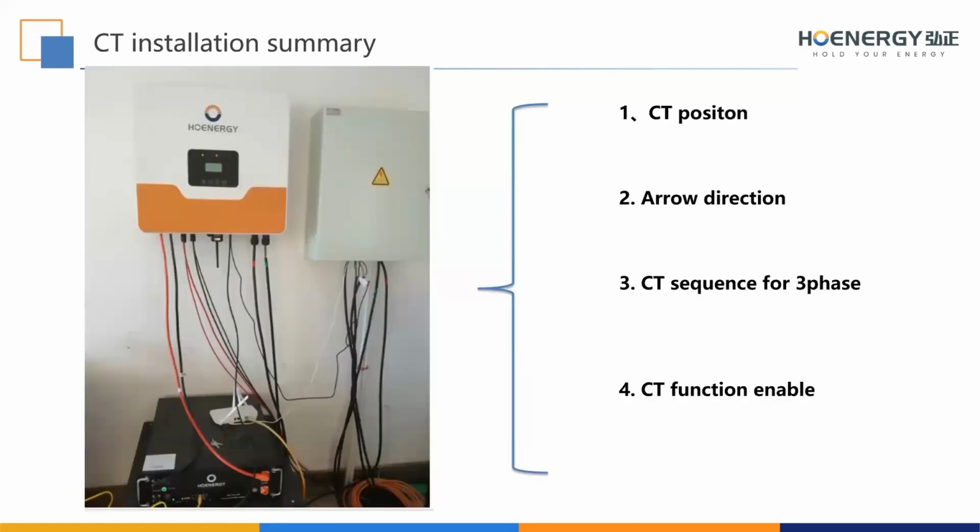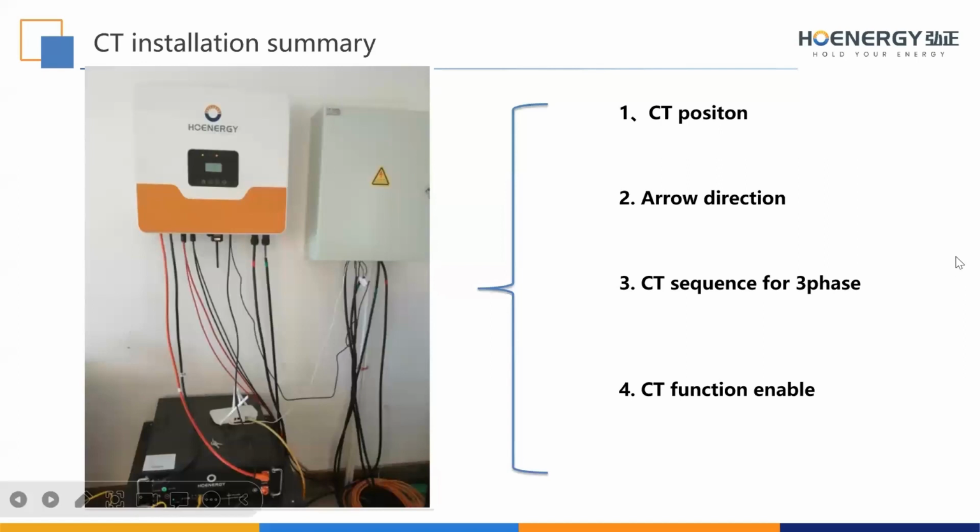So let's summarize the CT installation: the position, direction, CT function, and the sequence. Make sure the CT is installed in the place near the switch box, and the arrow should point to the grid.